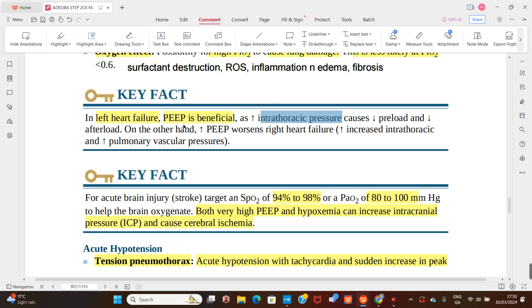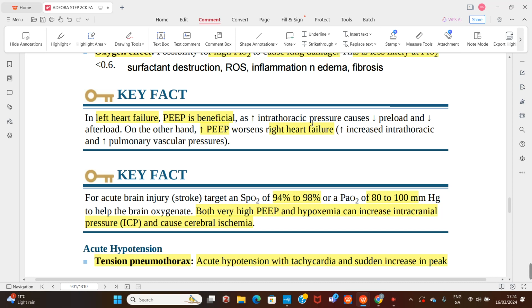But somebody that has right heart failure will not like PEEP. You must not give PEEP to anybody that has right heart failure, because if you do, you are going to increase the pressure within the pulmonary artery, the other part of the pulmonary vasculature, and that's the one that is relevant here. That means there's an increased afterload on the right side.